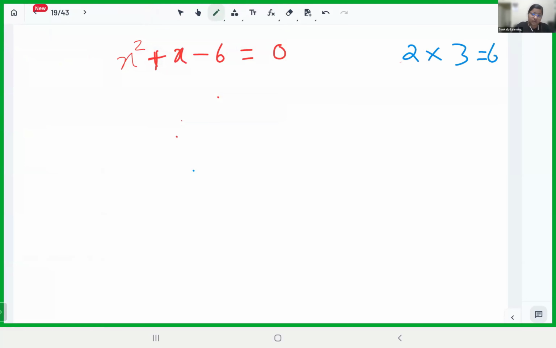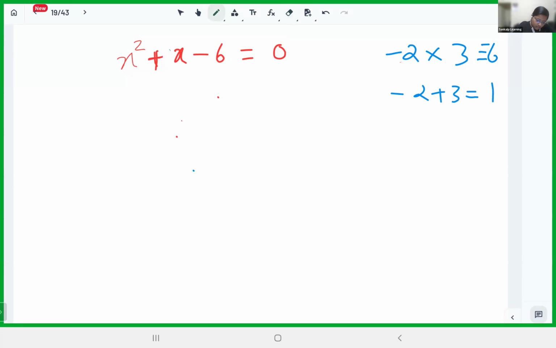And on adding, you have to get plus 1 also. So you put the larger number plus and the smaller number minus. So the value will be minus 2 into 3 is equal to minus 6, and minus 2 plus 3 will be equal to plus 1. The coefficient is 1. This is how you do the factorization.